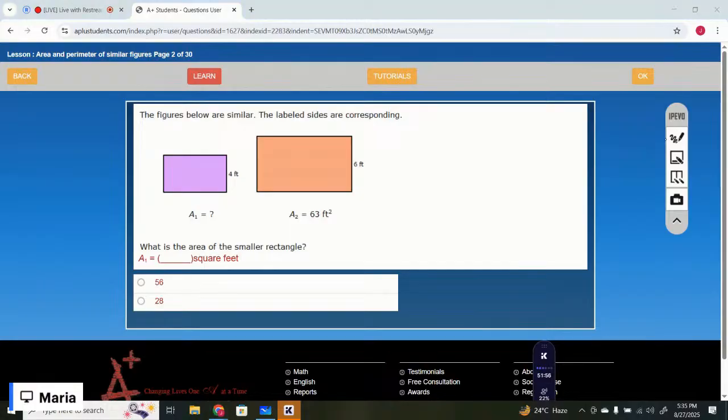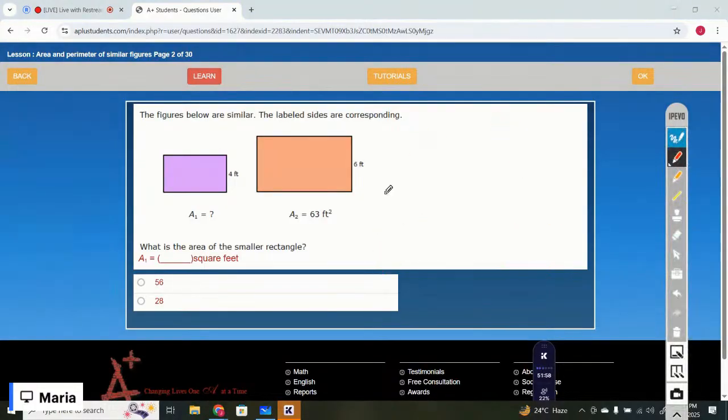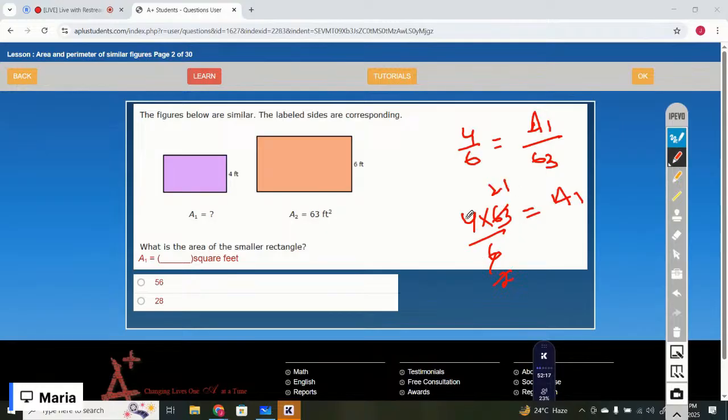The labeled sides are corresponding. What is the area of the smaller rectangle? So let's form the ratio between their corresponding sides. So that is A1 equals 4 times 63 over 6.